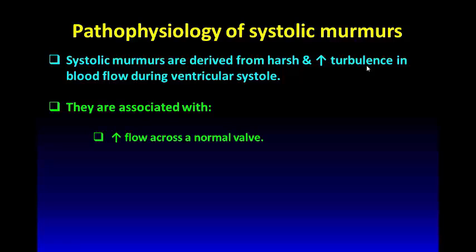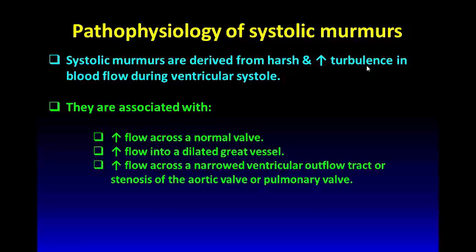And the systolic murmurs can be also associated with increased flow into a dilated great vessel, or an increased blood flow across a narrowed ventricular outflow tract, or stenosis of the aortic valve or the pulmonary valve.